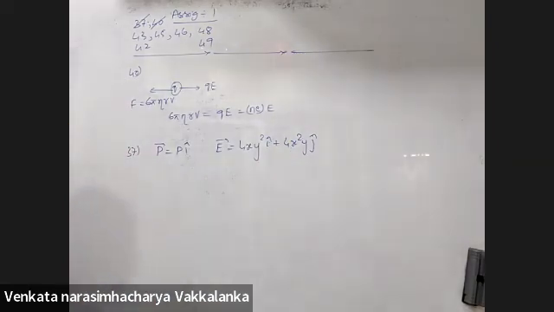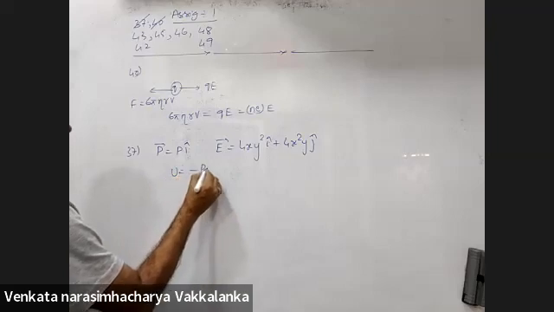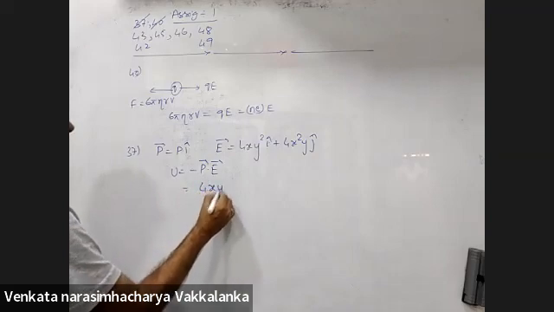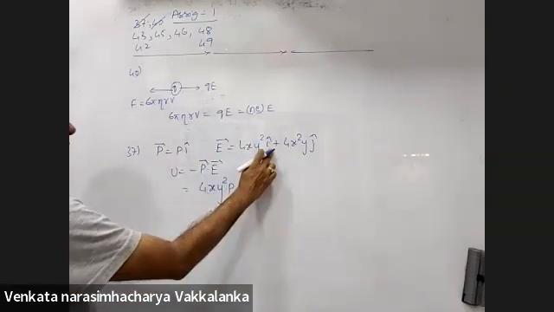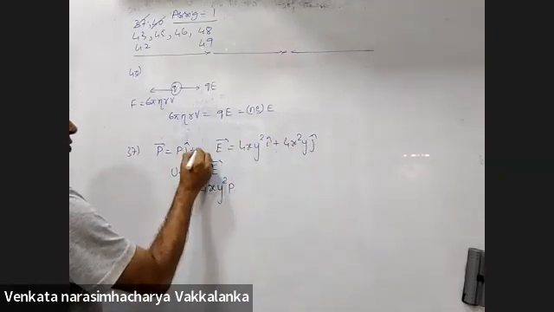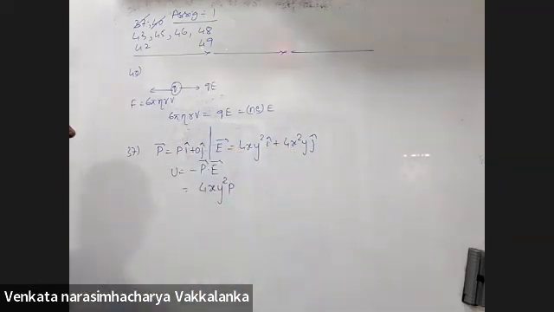If I copied the question right, he wants the force. First find out the potential energy. Minus P dot E. Dot product will be 4xy square. P i dot i is 1. i dot j plus 0 j cap. So 0 into this will be 0.